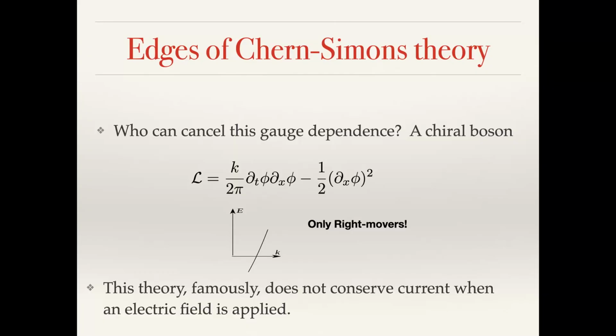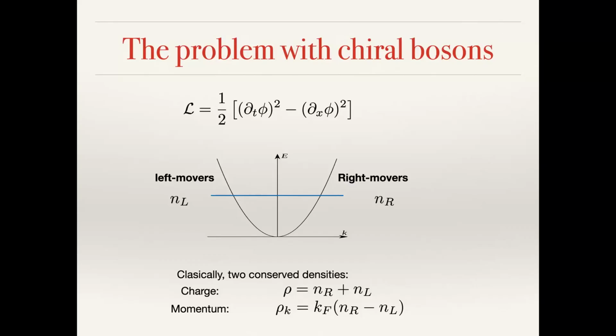I've drawn this little picture that says a chiral boson consists only of right-moving particles. So let's maybe put that back in a more familiar context, right? Here is a typical boson in one dimension, right? And so in this action, I would have the right movers and the left movers, coinciding at the origin.